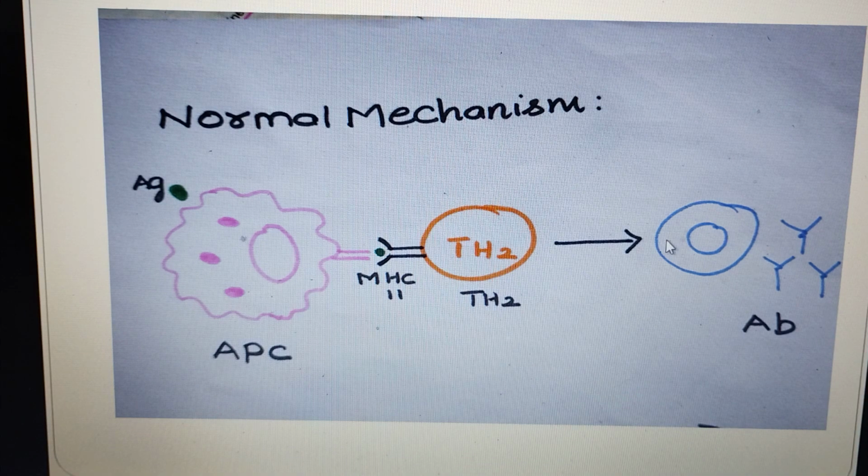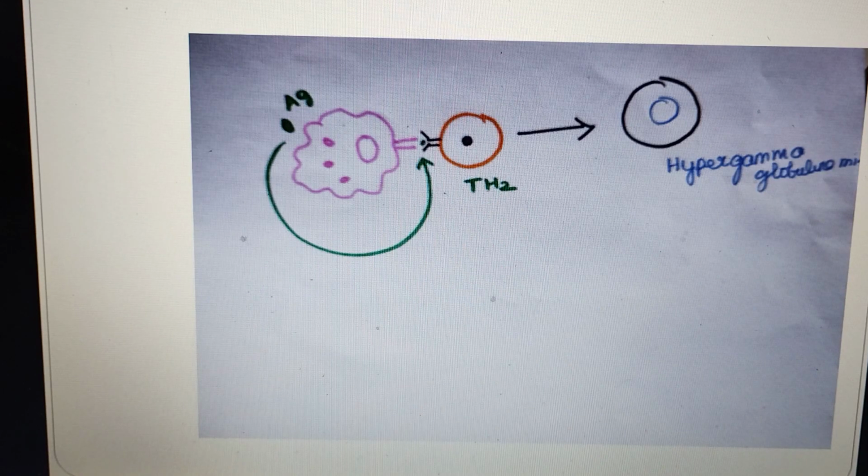So what happens here with superantigens is, the antigen enters the body, but it won't get processed by the antigen presenting cells. It will bypass this step and directly bind to the MHC2 complex of the T helper cells, and that leads to the overproduction of antibodies, which leads to hypergammaglobulinemia.